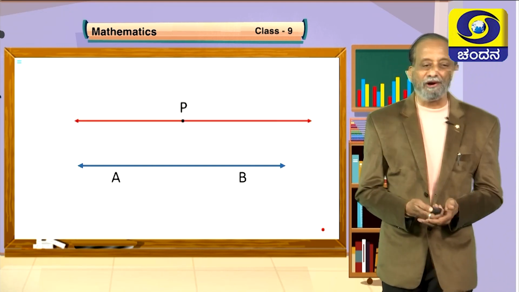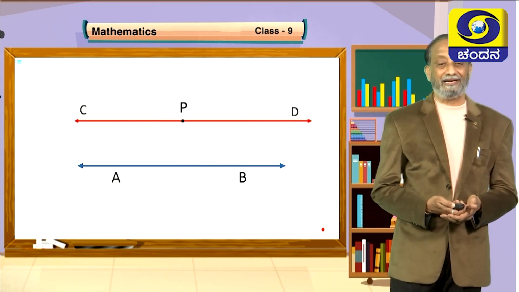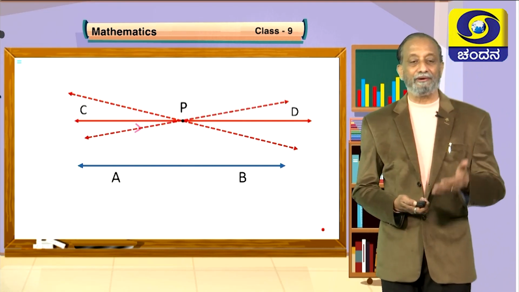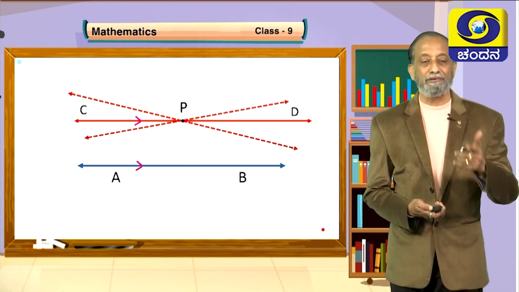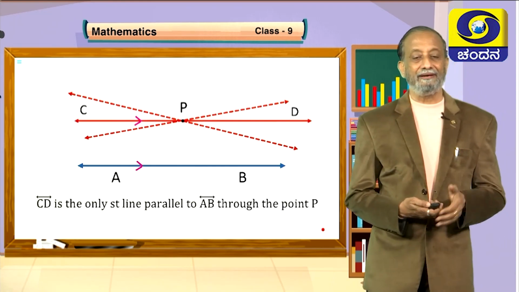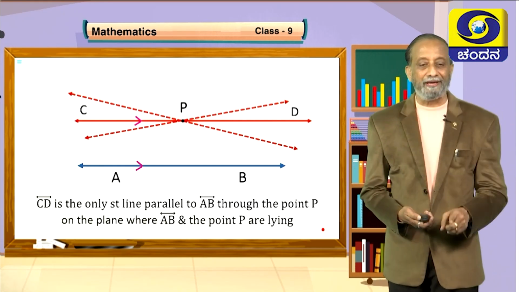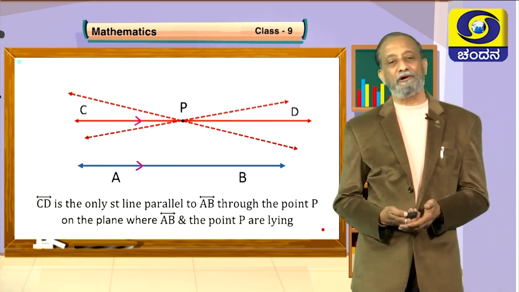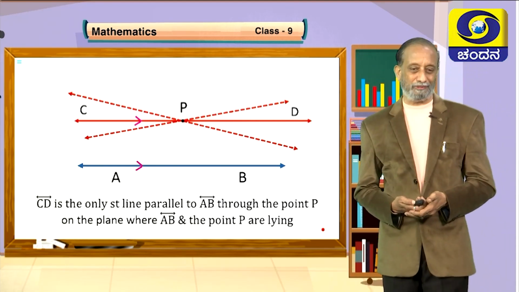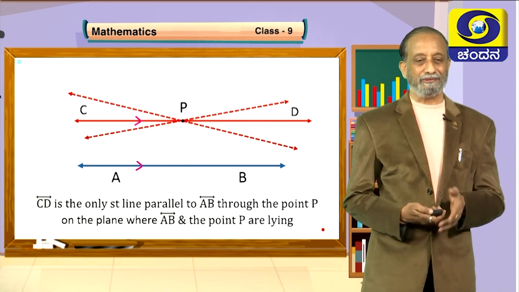Now through this point P, can you imagine infinite number of straight lines passing through it like this? Hardly we are showing you 3 lines, and out of all these straight lines that can be drawn through P, CD is the only straight line parallel to AB through the point P on the plane where straight line AB and the point P are lying. This is the Playfair postulate. I think it is very easy to understand. I hope you have understood this now.